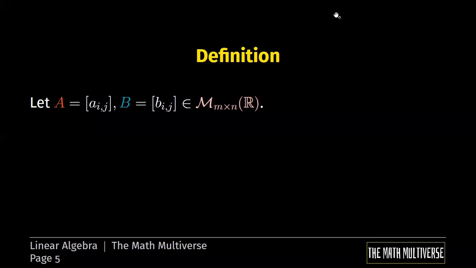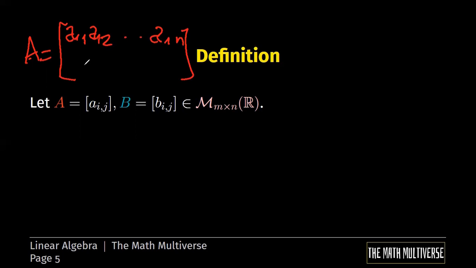Let me just write it down once. For the matrix A, this means the following: our matrix A is just this, A11, A12, and so on until A1n.